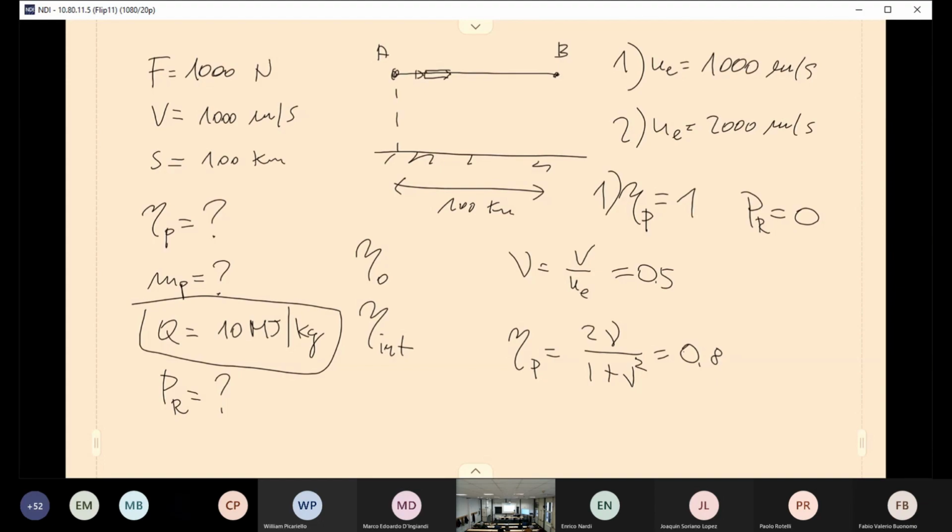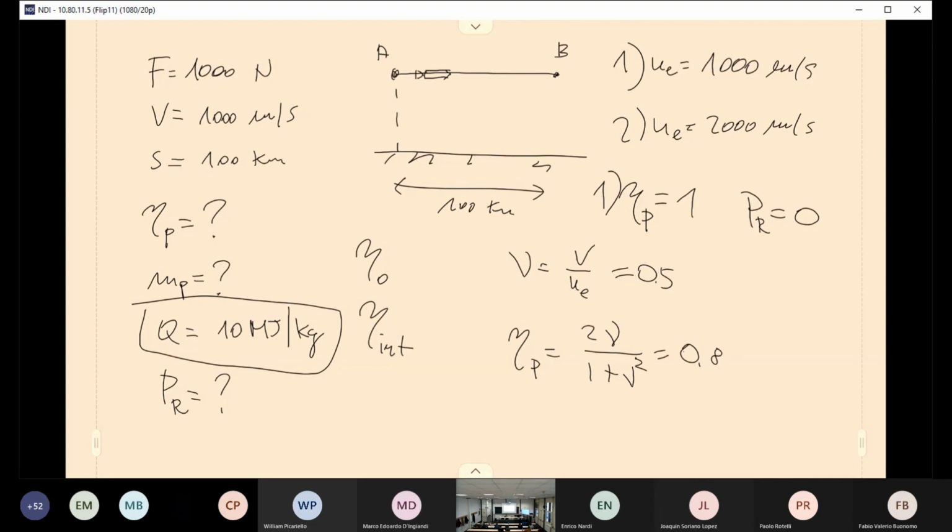And in fact, you know this from the beginning, because this is a specific impulse, and the higher value means that you have the same thrust with half the amount of propellant mass. So you are flying at the same speed for a given length, so for a given time. In that time, you will spend half the mass of propellant, and this is what we are trying to get, to save propellant.